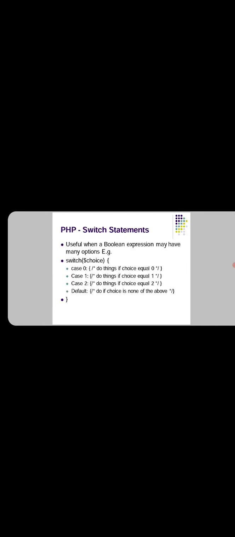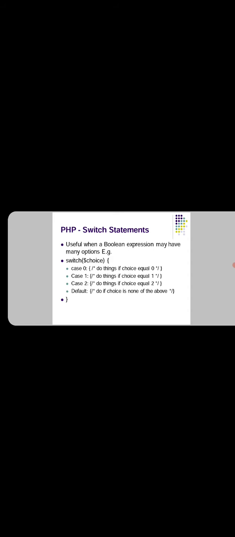Next, the PHP switch statement. Another control statement in PHP is the switch statement. It is useful when a Boolean expression may have many options. Whenever we require multiple if statements, we may use a switch statement as in C language. The syntax is the same as in C: switch within brackets $some variable, bracket open, case 0, case 1, case 2, default.